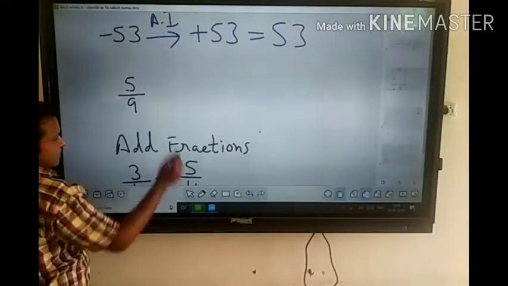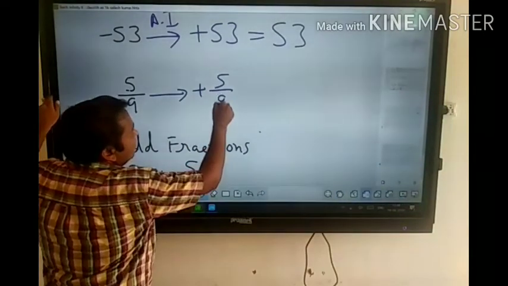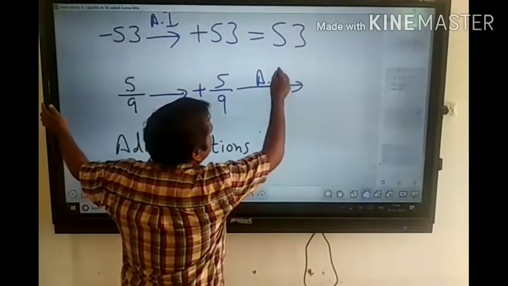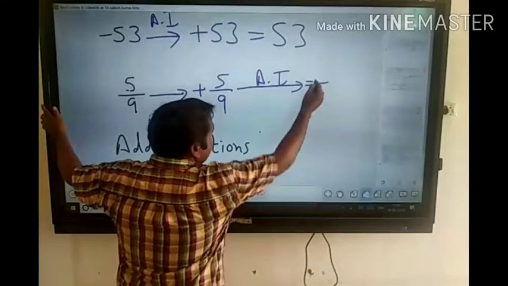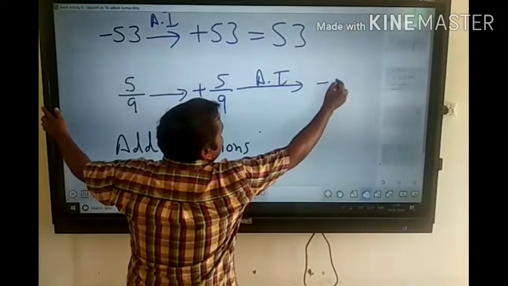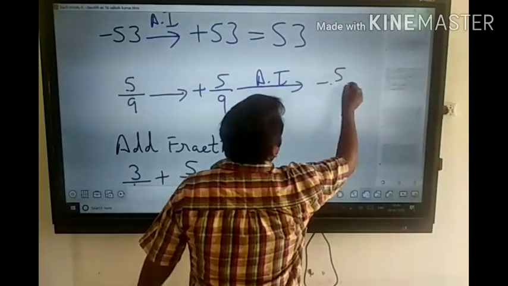Now it is plus 5 by 9, therefore its additive inverse will be minus 5 over 9.